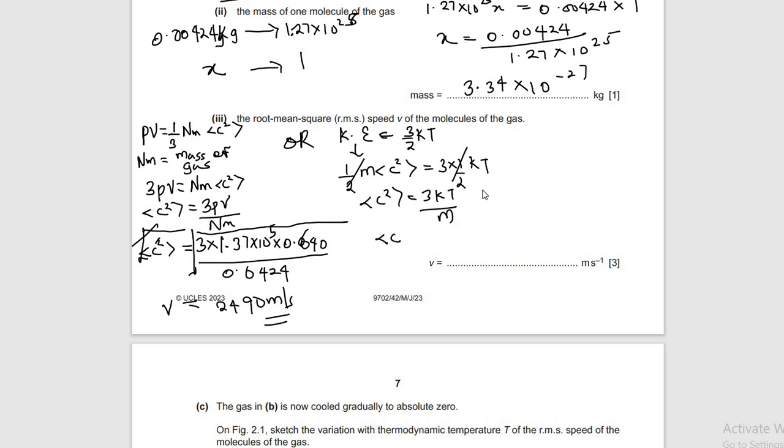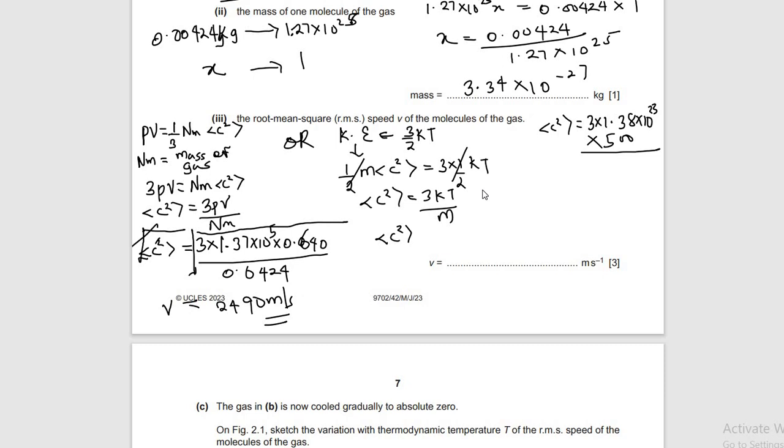So the mean square speed is 3 kT over mass. That's 3 multiplied by k, where k is the Boltzmann constant, 1.38 times 10 to the power minus 23, multiplied by temperature. Temperature is 500, divided by mass.